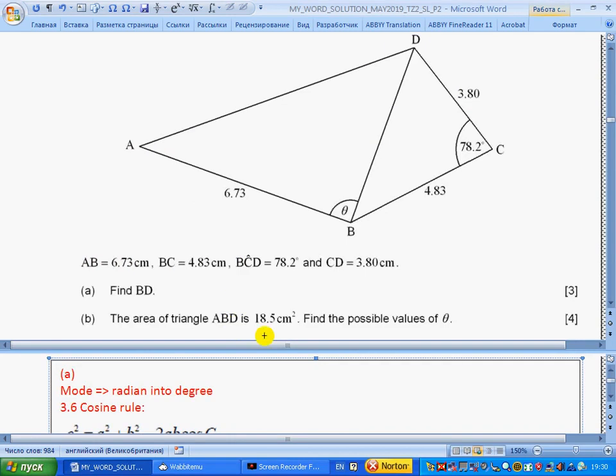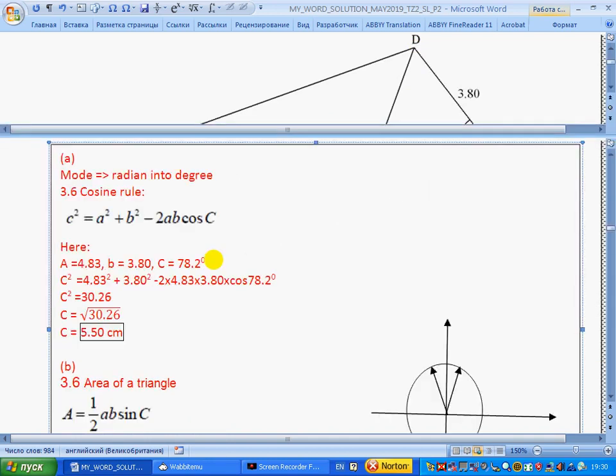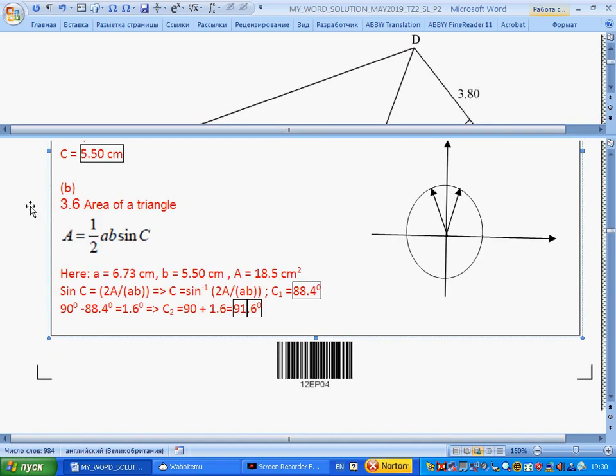Find the area of triangle ABD. In triangle ABD, one side we know, the angle theta, and another side we already found, so we can use the sine rule, because the formula for area has a sine. This is section 3.6 of the formula booklet, area of triangle.